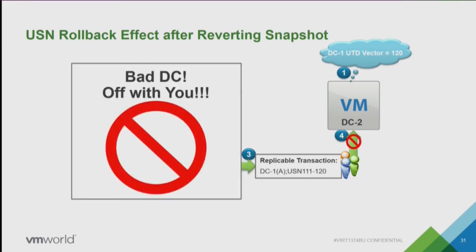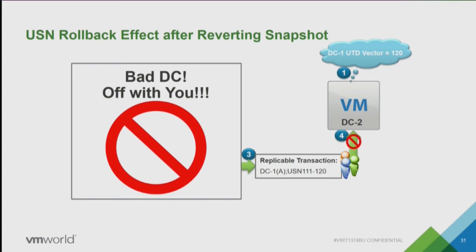That domain controller is effectively orphaned. It thinks it can still service requests, but it really can't, and it can't replicate anything. This is the reason we went through the initial 101, vector, UTD, USN, and all that. When you combine this together, that's how domain controllers verify transactions that have been replicated to them and what has not been replicated.